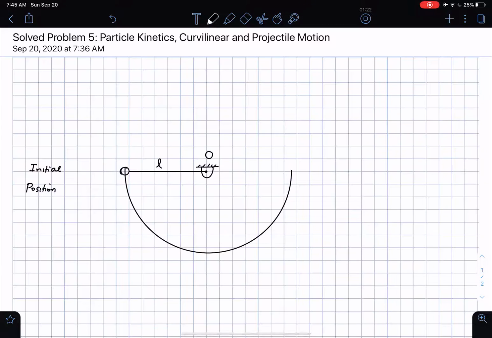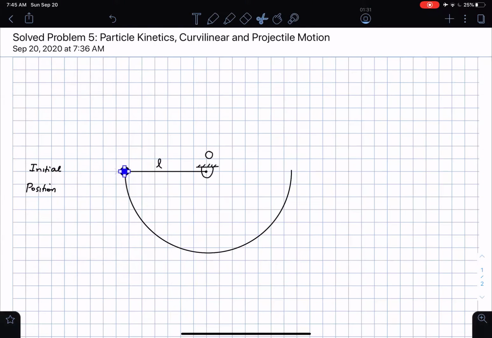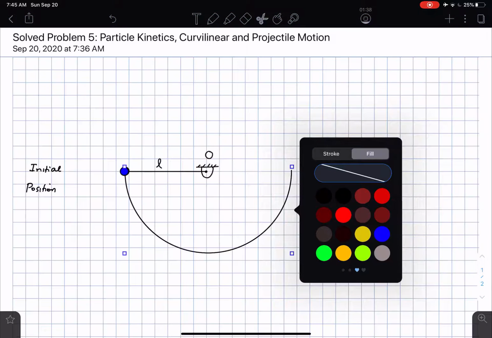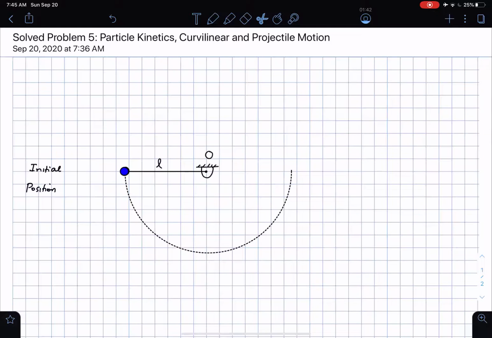Let me color the bob a little more. Let's say that this is going to be of this color. So here is the bob of the pendulum traveling along a circular path. Let me say that this path is made up of dotted lines. This is the path of the pendulum.